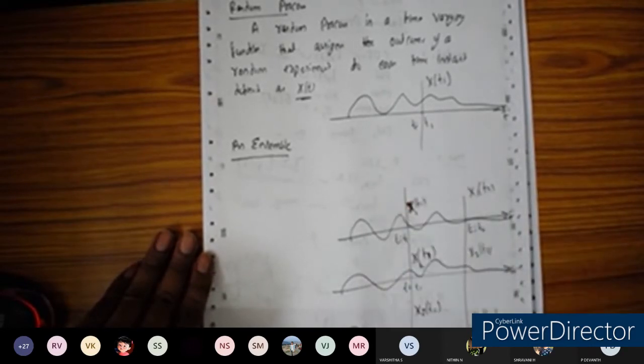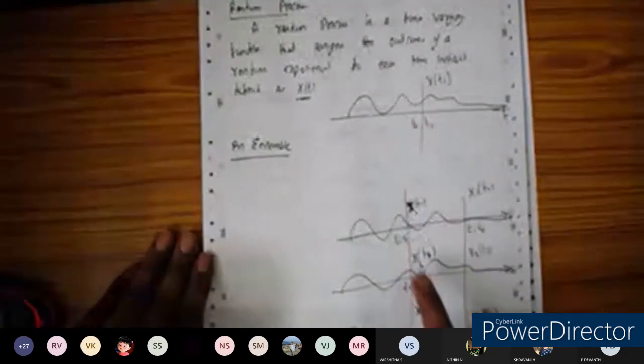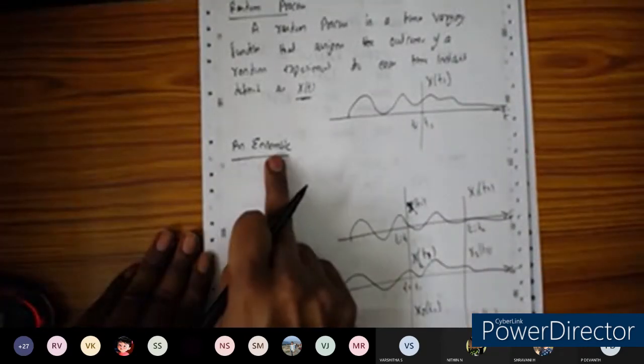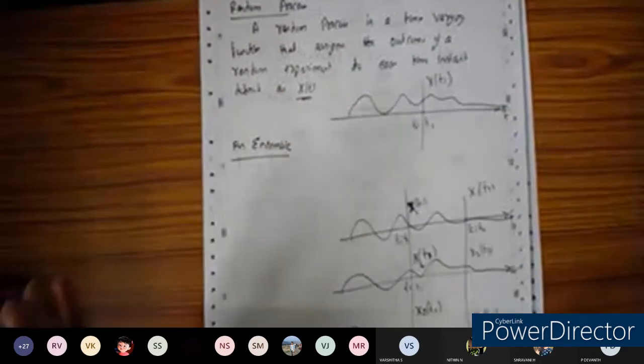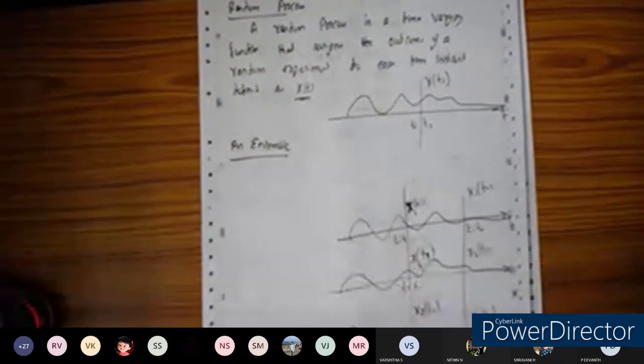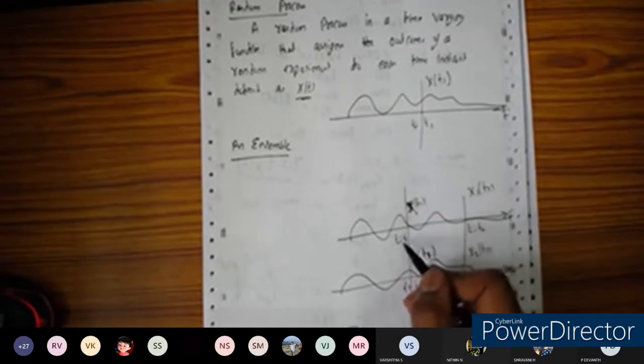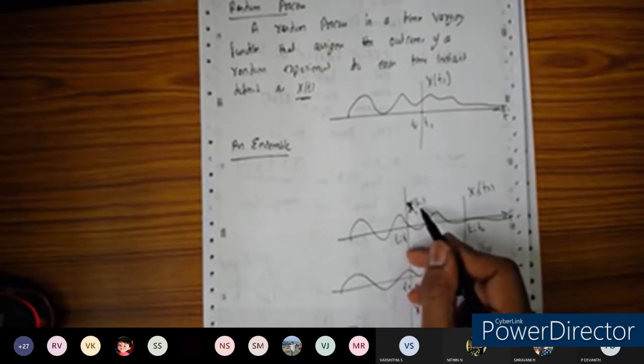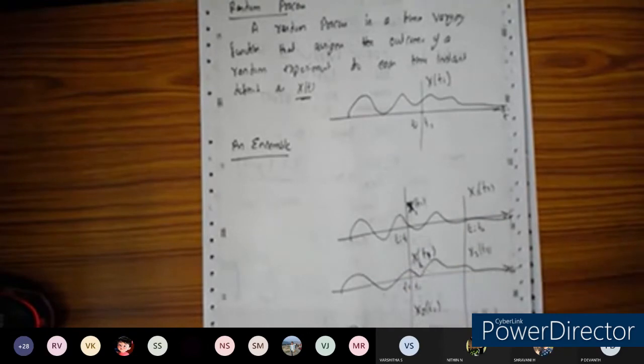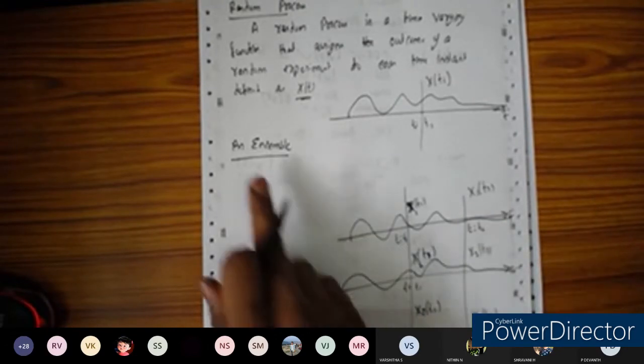So this collection at t is equal to t1, x1 of t1, x2 and x3, we call an ensemble.